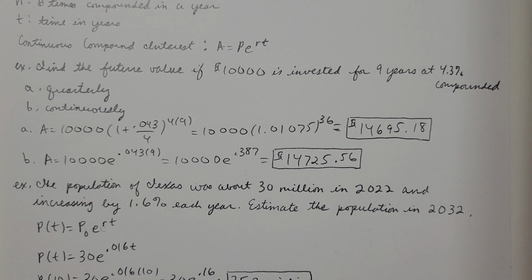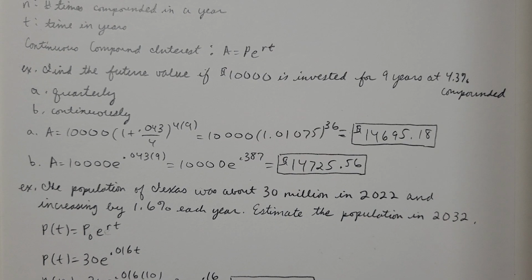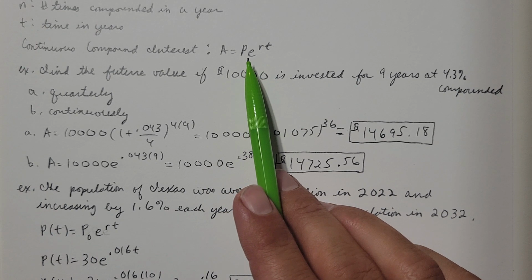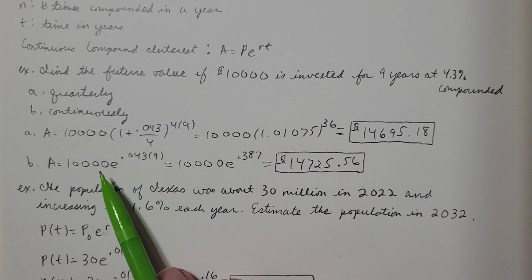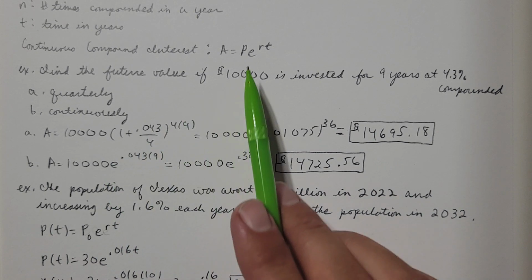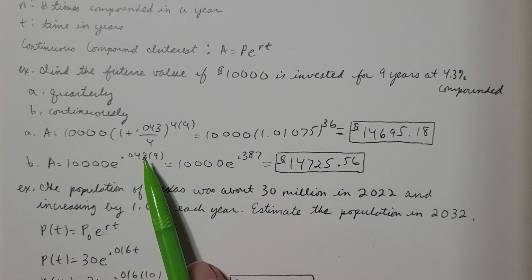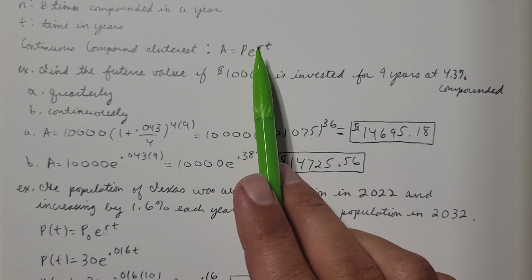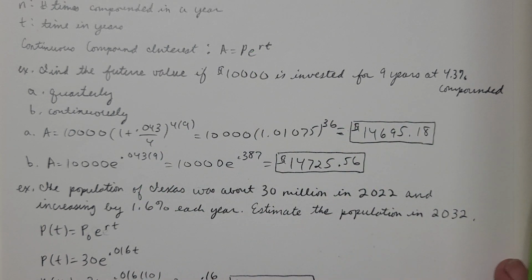Now in part B, it says, what if you're compounding continuously? Well, I'm supposed to use the PERT equation, as we sometimes call it. So P is $10,000 times e to the power r, which is 0.043, times t, which is 9.